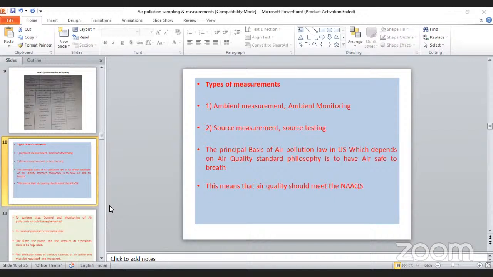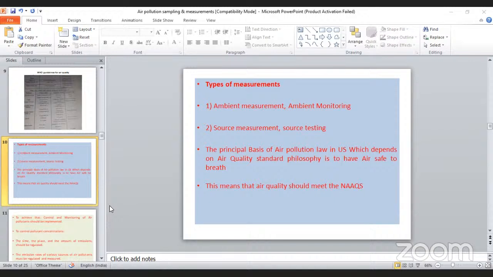The particles are trapped or collected on filters, and the filters are weighed to determine the amount of the pollutant. The weight of the filter with the collected pollutant minus the weight of the clean filter gives the amount of particulate matter in a given volume of air.